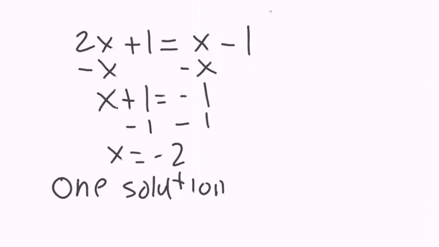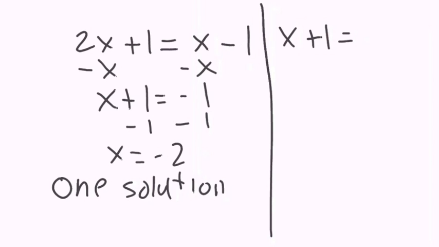But you can have a problem where, if we change this up a little bit, and we write this as x plus 1 equals x minus 1, we're going to work it out the same way, and we'll see what we come across. We're going to subtract x just like the first problem we saw. And now on the left side, we end up with x minus x.